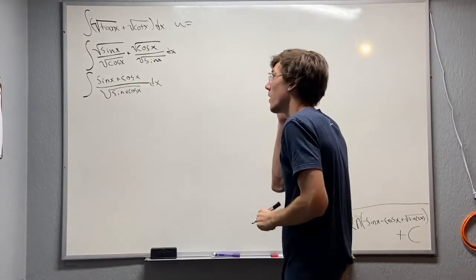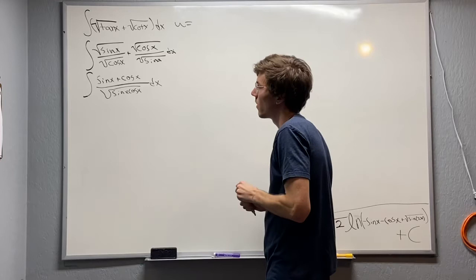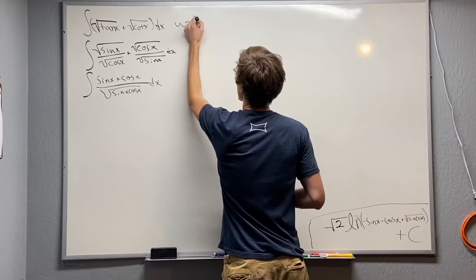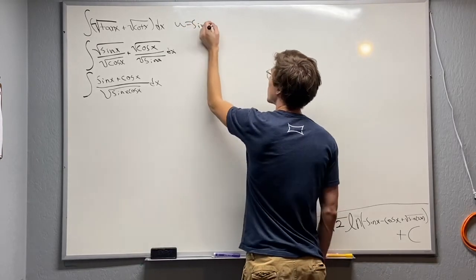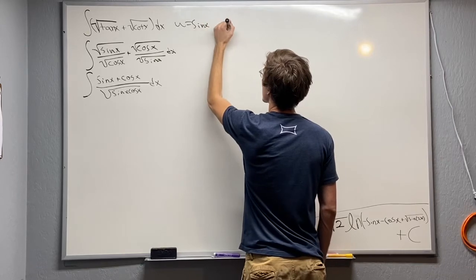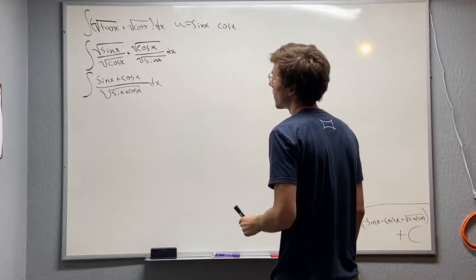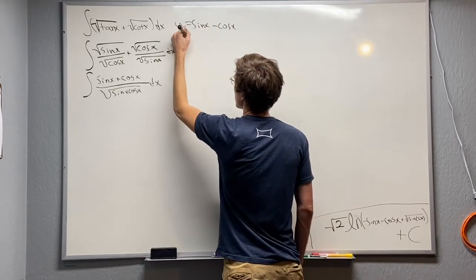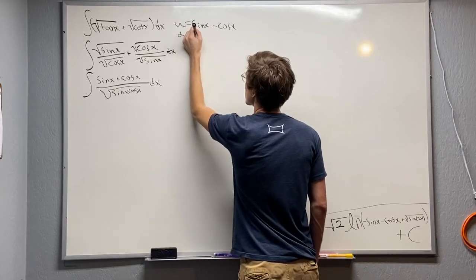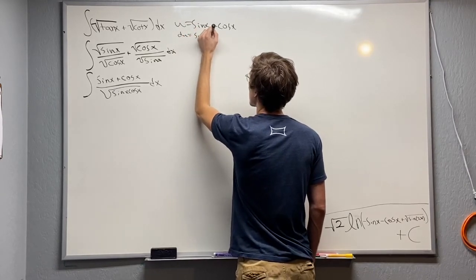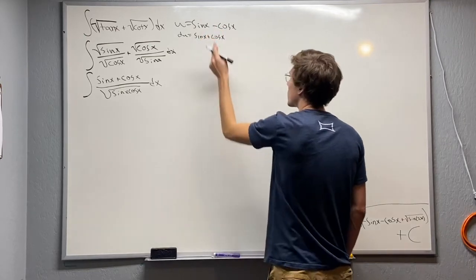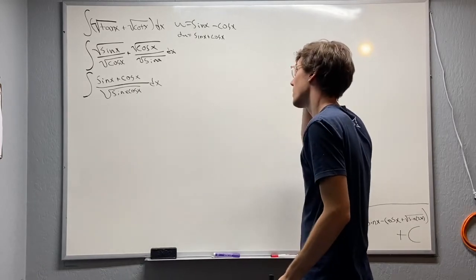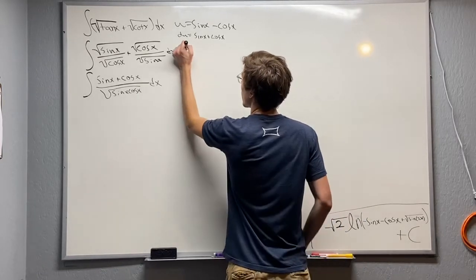So for this one, I think we're going to do u equals the sine of x minus the cosine of x, and then the derivative of sine is cosine and the derivative of cosine is negative sine, so du is going to be equal to the sine of x plus cosine of x. And so the u sub, now we're going to start rearranging it to try and create the denominator, like we did last time.